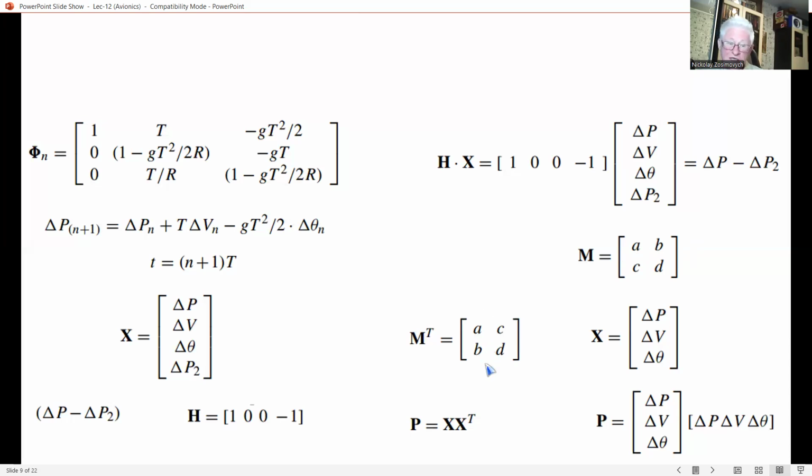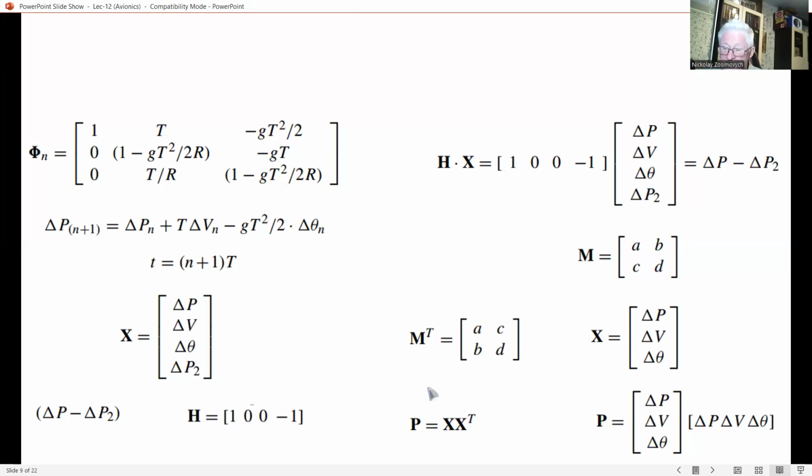Okay? So, as a simple example, the covariance matrix P of a state vector X comprising position, velocity, and tilt vector, we may represent in this expression.